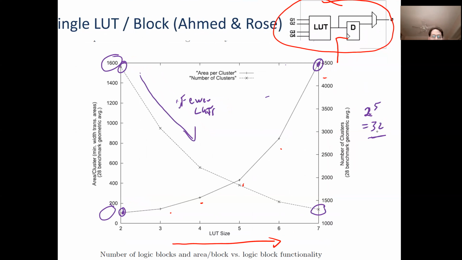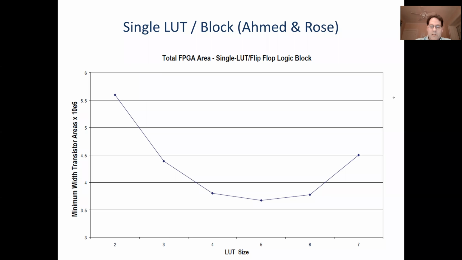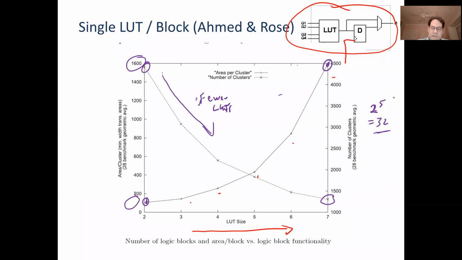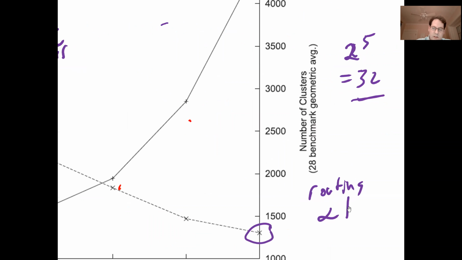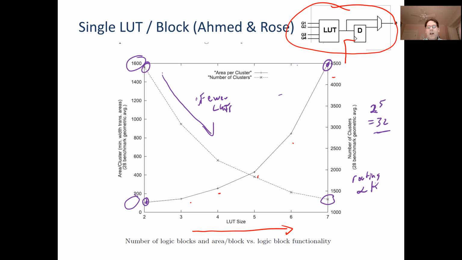The other part of the answer is routing area. Routing area is big, and it does grow as you increase the size of the lookup tables, but routing area basically grows linearly with K, roughly proportional to K, because the number of inputs is only growing linearly with the lookup table size.